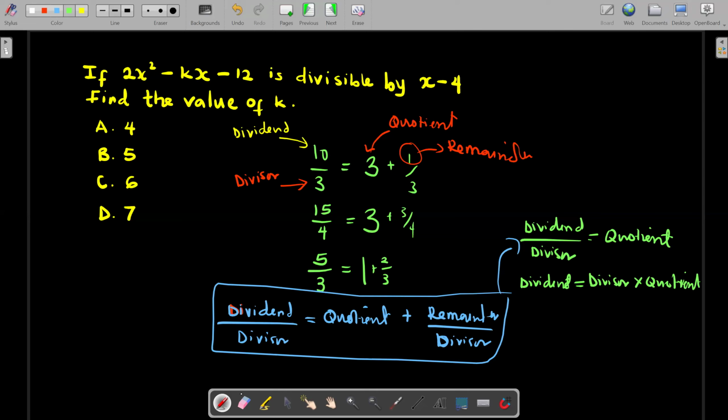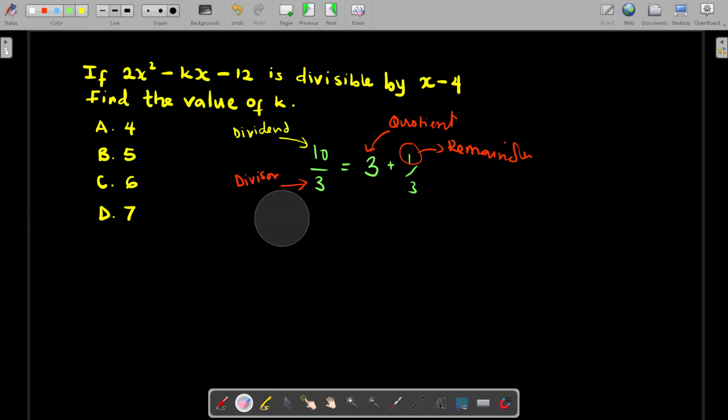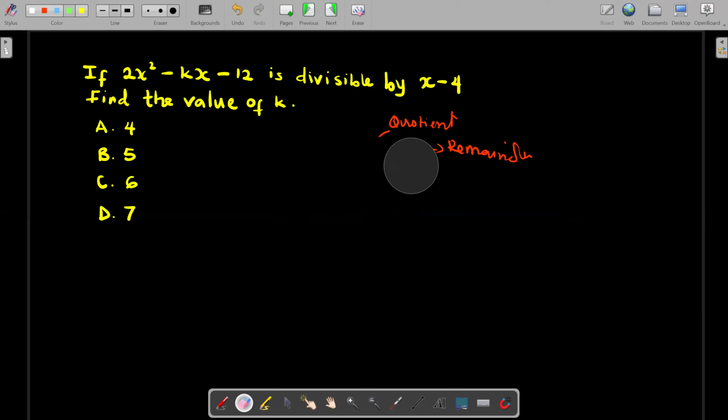Take note. Now, another concept that you need to understand when it comes to this aspect of polynomial is the remainder theorem.